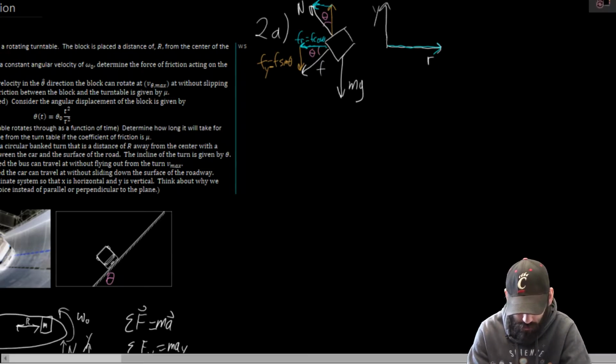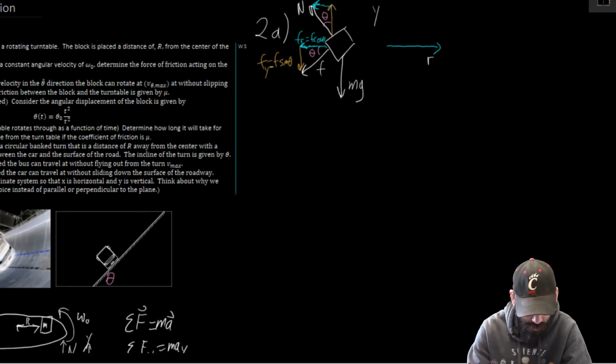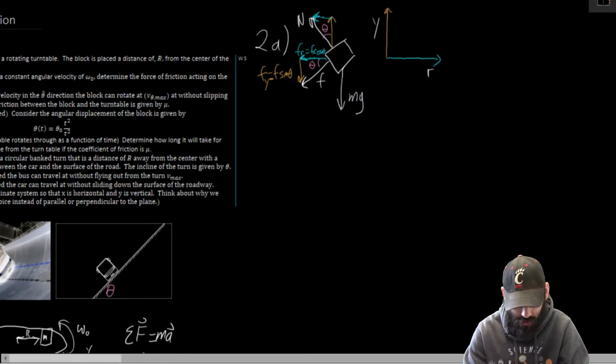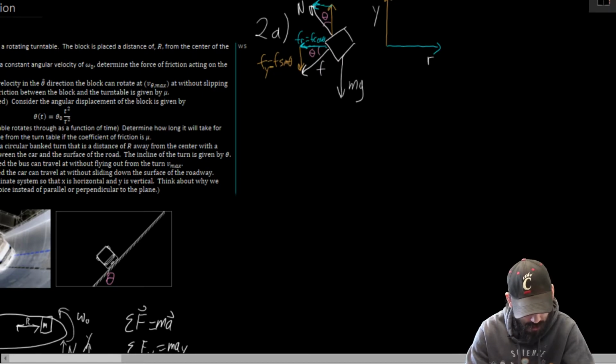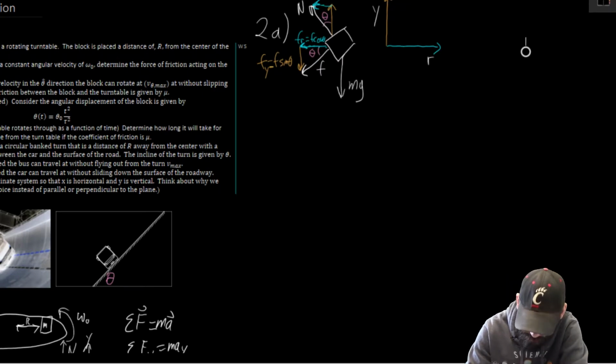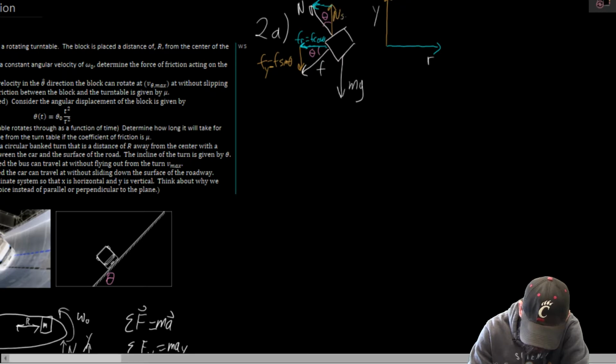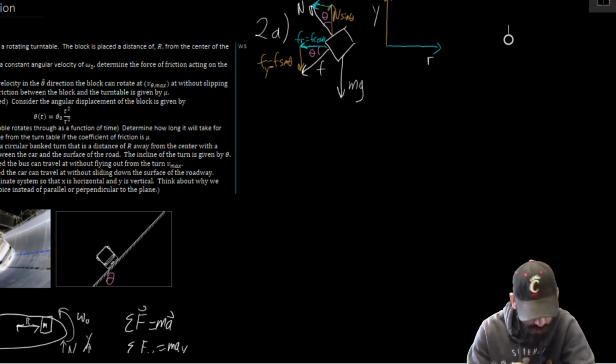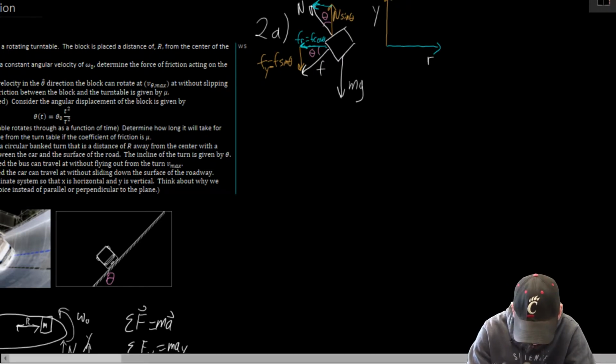Let's draw our coordinate system labeled here so that we have the same colors. This is going to be the r direction, and this is going to be the y direction. Okay, so now let's do the same thing for our normal force. For our normal force, this component right here is going to be n sine of theta, and this component over here is going to be, sorry, this is wrong. So again, don't trust everything that I write here.